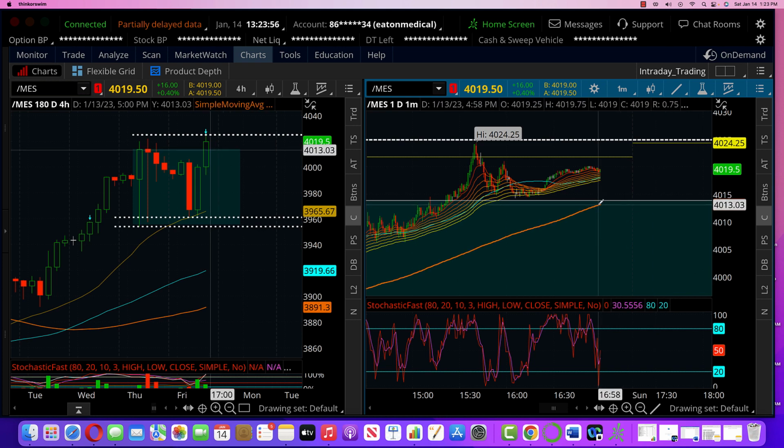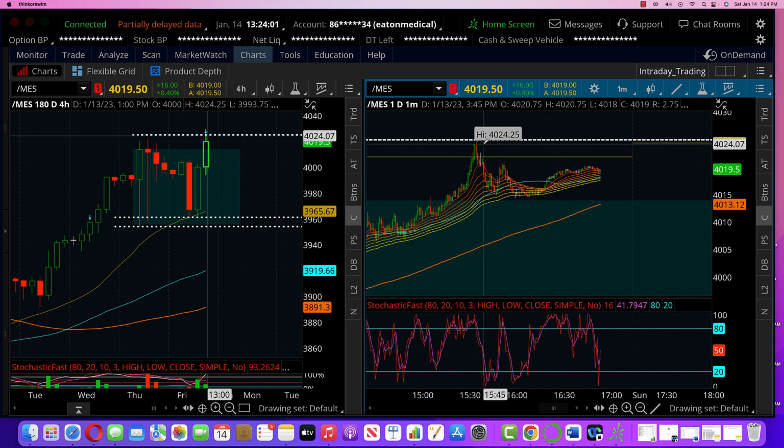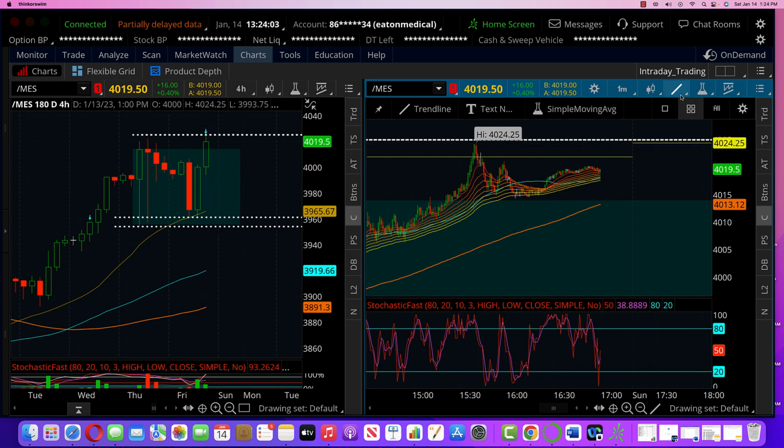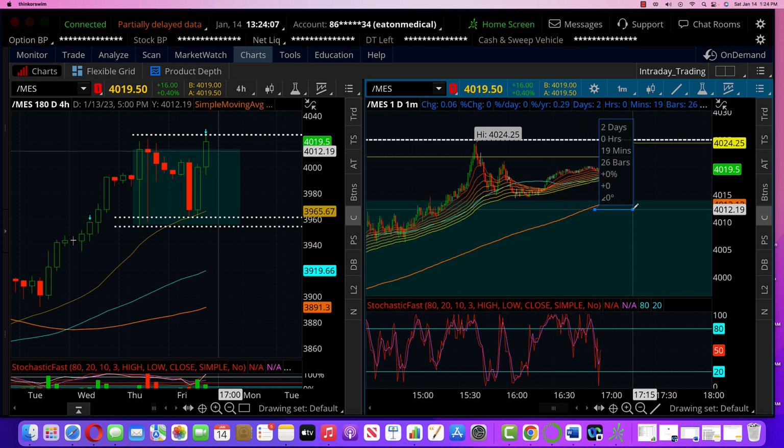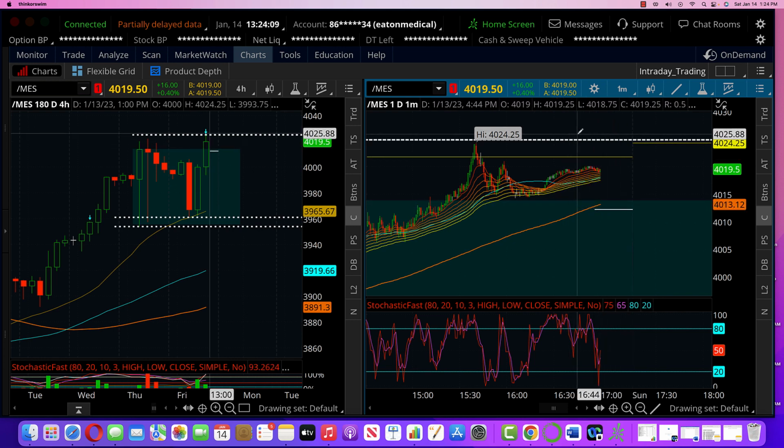You have a 200 moving average here. You have the previous high here, and I'm just going to make a mark here. Here's where the 200 is. And up here is where the most recent high is, right here.